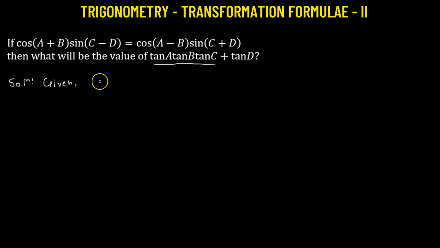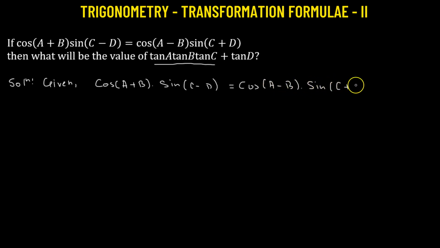So we will start with the given equation. Here we have cosine of angle (a plus b) multiplied by sine of angle (c minus d) equals cosine of angle (a minus b) multiplied by sine of angle (c plus d).